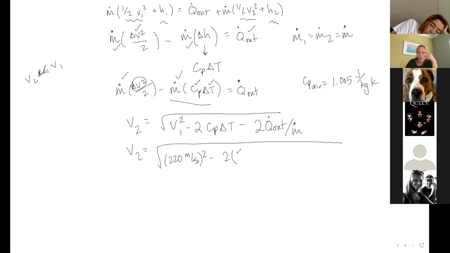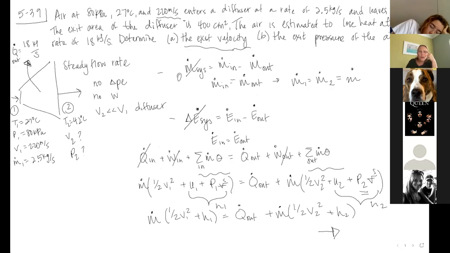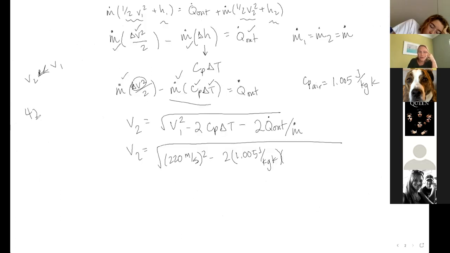So we have 2 times 1.005 joules per kilogram Kelvin times our temperature change, which was 42 degrees and 27 degrees Celsius. So 42 minus 27 is what, 15 degrees Celsius.